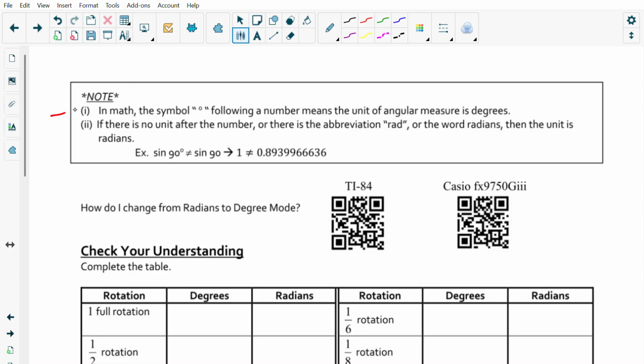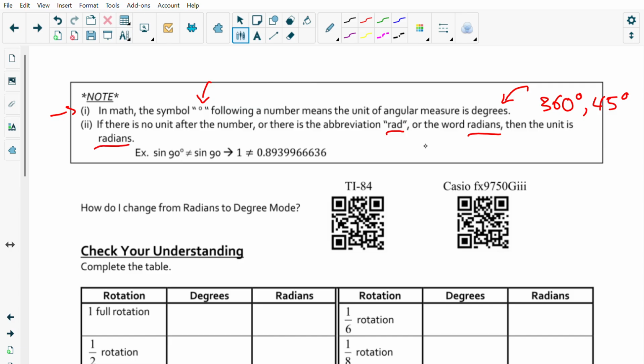So in math, this symbol, which looks like a tiny little zero or a circle, following a number means the unit of angular measure in degrees, as in 360 degrees or 45 degrees. You must use that symbol. Very important. This is why. If there is no unit after a number, or there's the abbreviation rad, or the word radians, then the unit is in radians.